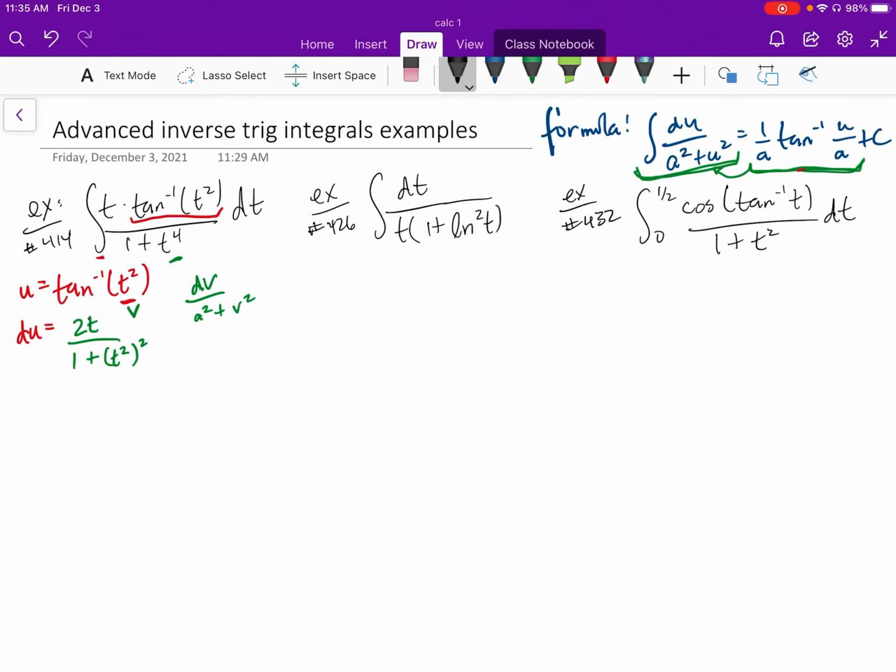So let's go ahead and rewrite this problem to clean this up a bit. T times tan inverse of t squared dt all over 1 plus t to the fourth. Remember when you do u du, we're taking it with respect to t, right?